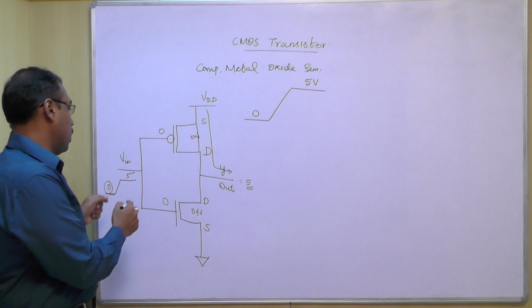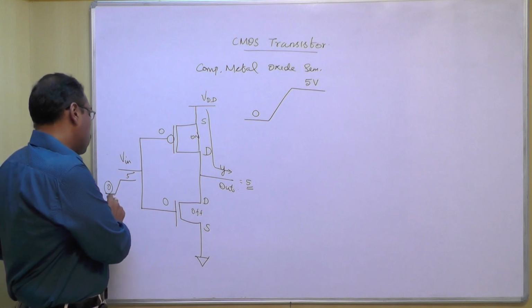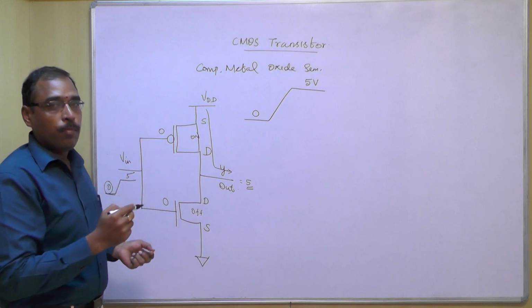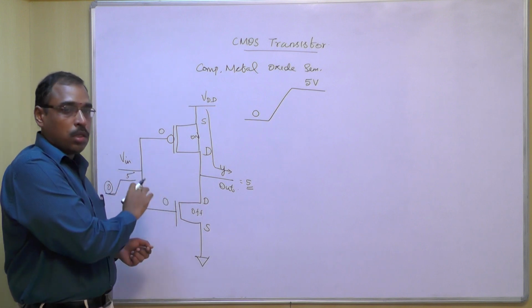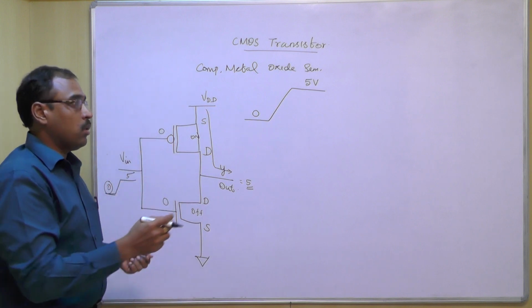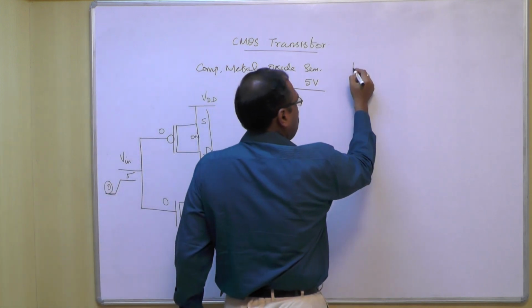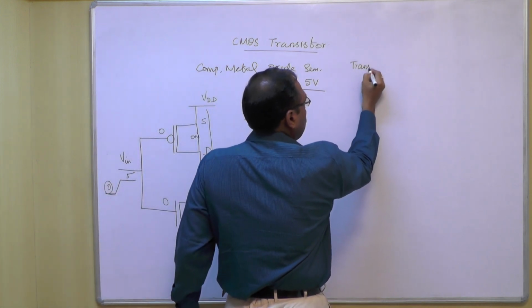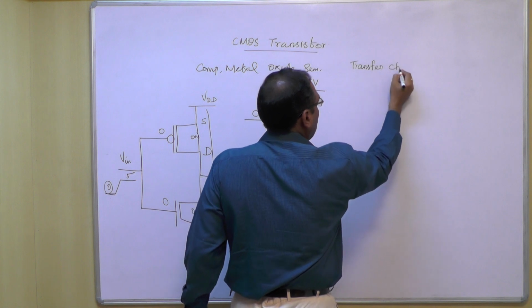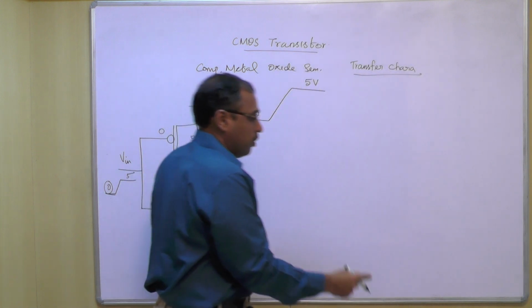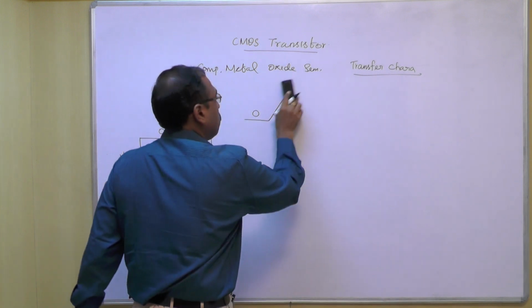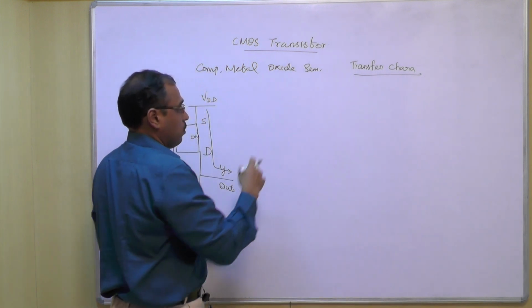Then similarly we will see what will happen when the input changes from 0 to 5 volt. That curve, as the input changes from 0 to 5, is called the transfer characteristics. What are the transfer characteristics? It is a graph drawn between input voltage versus output voltage.